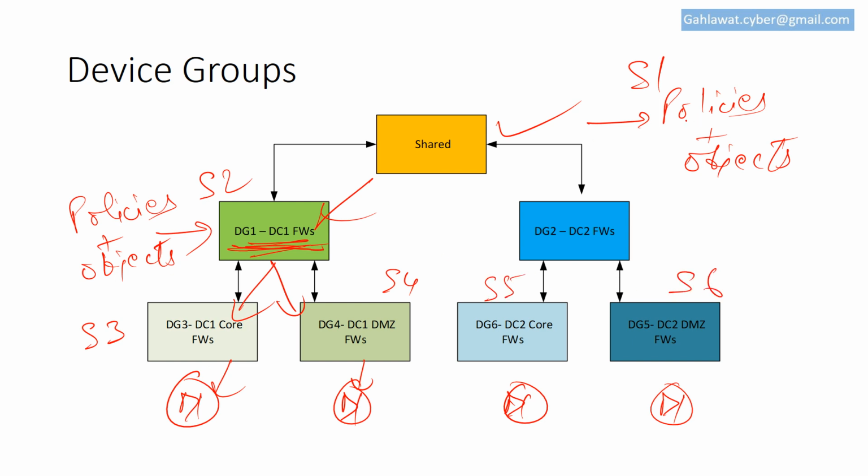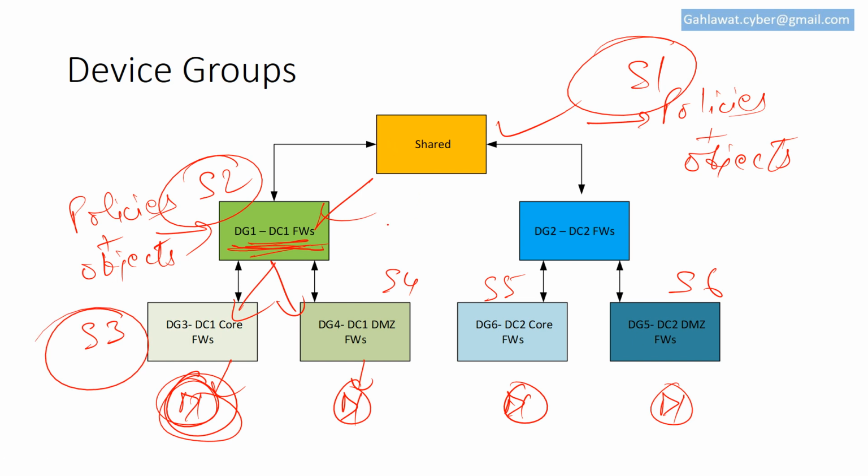So when these firewalls inherit these sets, the policies and objects, this will vary. So this firewall over here will inherit the policies and objects from S1, S2 and S3.